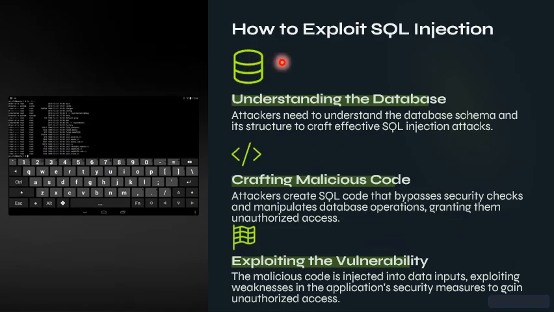How to exploit SQL injection? Understanding the database: attackers need to understand the database schema and its structure to craft effective SQL injection attacks. Crafting malicious code: attackers create SQL code that bypasses security checks and manipulates database operations, granting them unauthorized access.